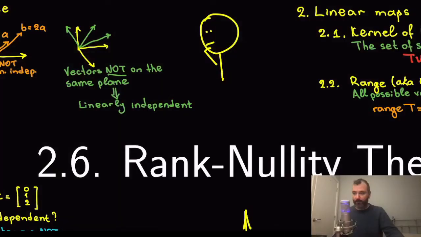It is impossible. One of the three will be outside the sheet of paper. If you put it like this, one will be outside. If you put it like this, then this vector will be outside the plane. So I cannot contain all these three vectors in a plane which is two-dimensional. That's why we say that these three are linearly independent.